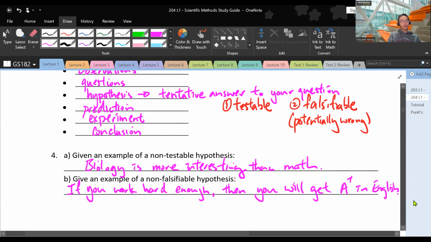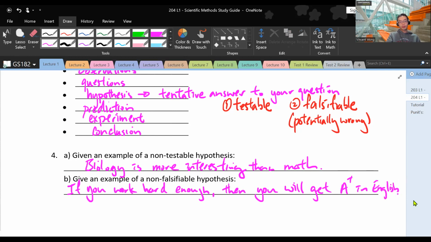That's what they told me because I wasn't doing very well in English, right? So I came home and I didn't do well in English, and I told my parents I work very hard enough, and I still didn't get an A+. And then my parents would say, well, that's because you didn't work hard enough. If you work even harder, then you will be okay.